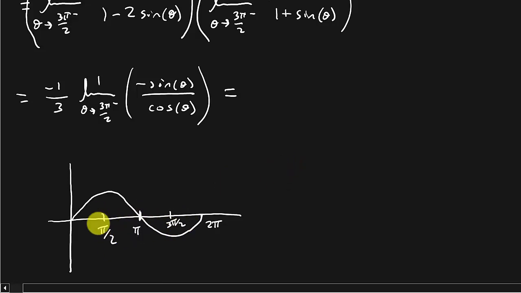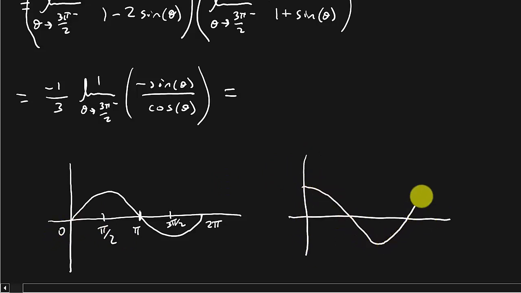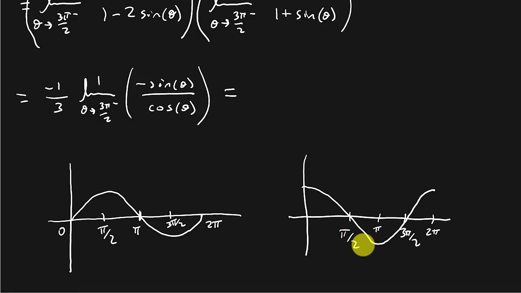All right. So there's the graph of sine. And then if I look at the graph of cosine, there's 2π, 3π/2, π, and π/2. So we're coming in from the left-hand side to 3π/2.